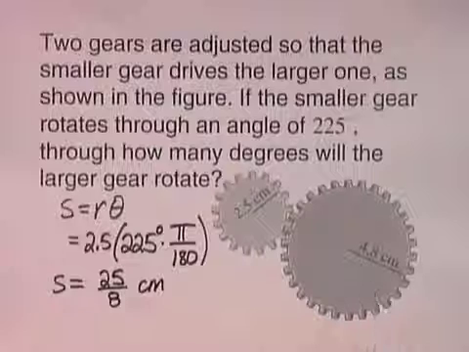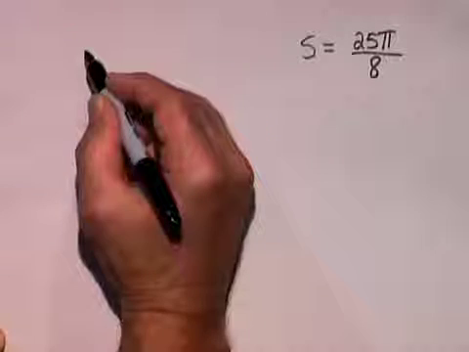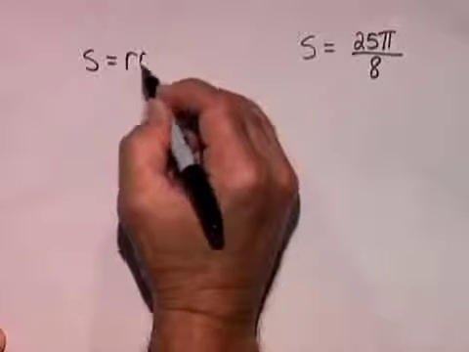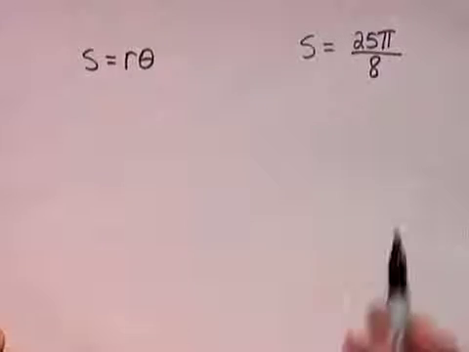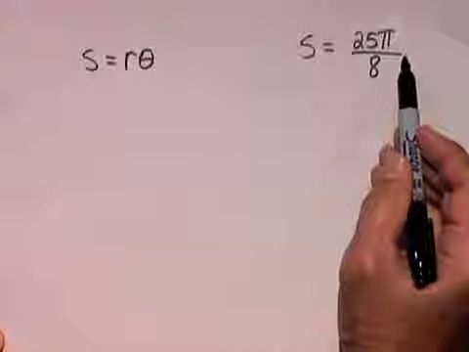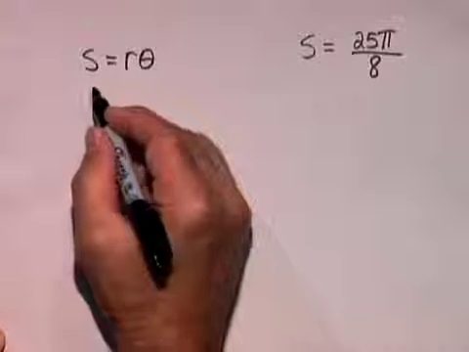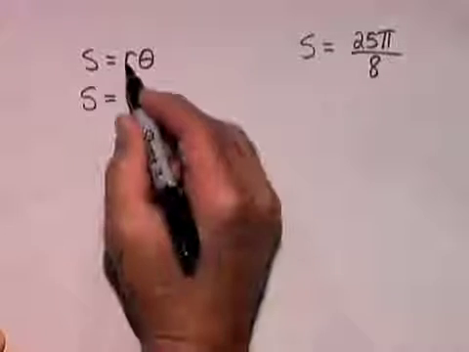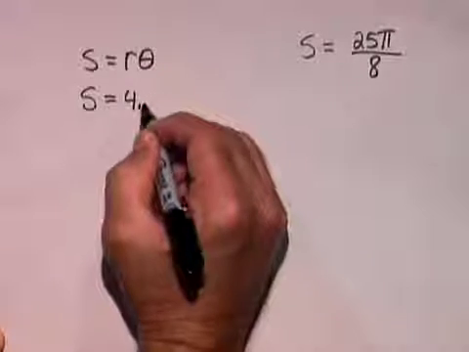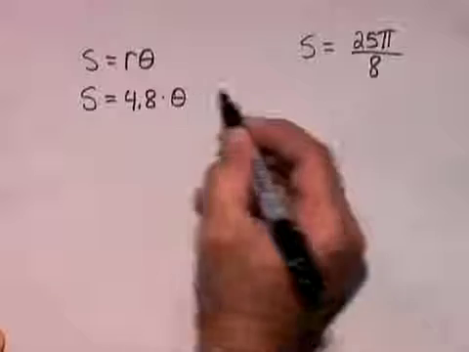Now what we'll do is use this information to help us determine the angle through which the larger gear rotates. So let me bring in a clean sheet so we can work on that. We will still use the formula S equals R theta. And remember, this is what we just calculated, the arc length of the smaller gear. Well, now, for the larger gear, what we have is S would be equal to R, which is 4.8 centimeters, times theta.